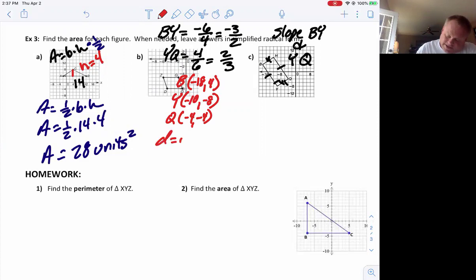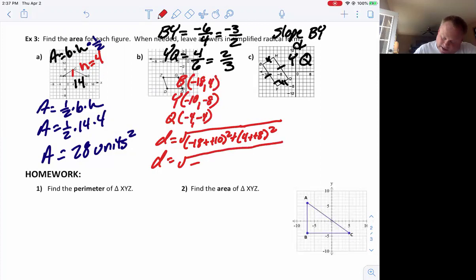So we got distance equals the square root of, and we're going to do B to Y. So -18 minus a -10 squared plus a 4 minus a -8 squared. Remember, two negatives make a positive. So as I do this, I should get a -8 squared plus a 12 squared.